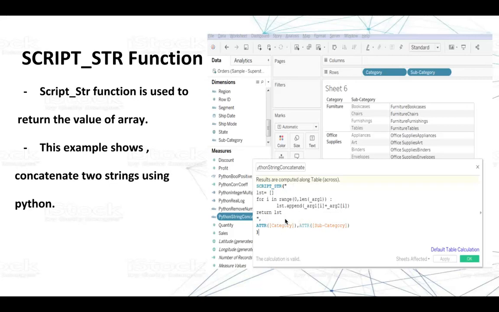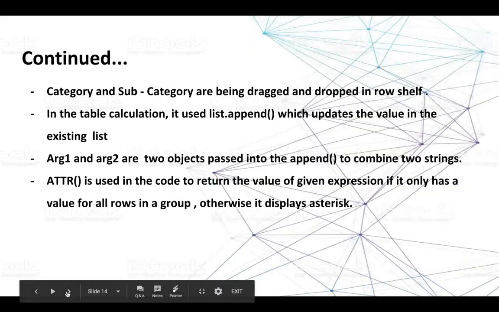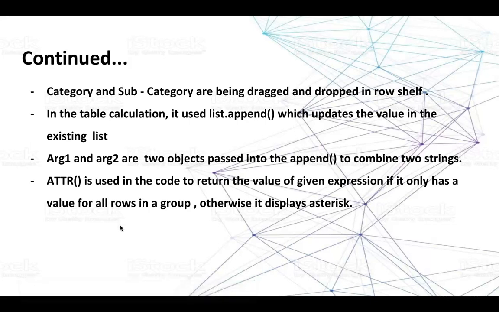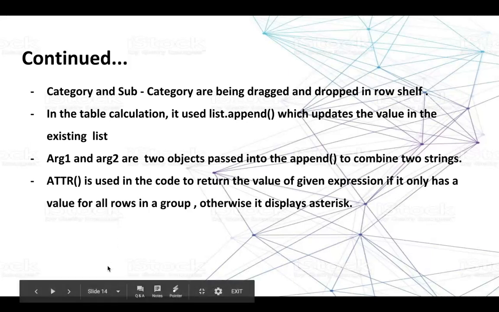This value is returned, and then it displays by using the ATTR aggregate measure. ATTR is used in the code to return the value of the given expression if it has a single value for all rows in a group, otherwise it displays an asterisk.